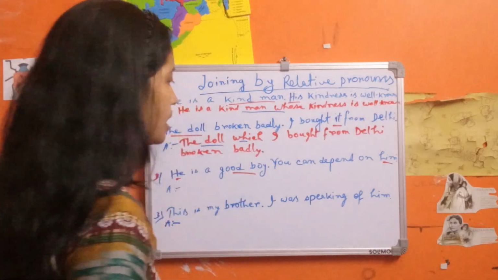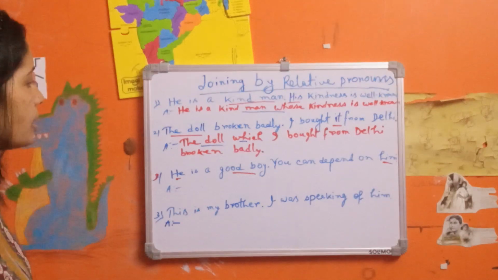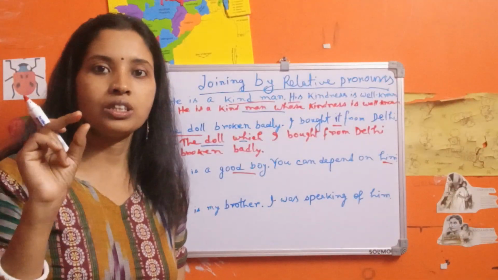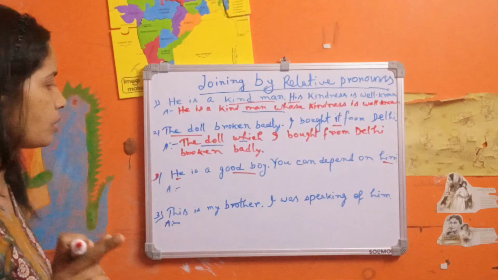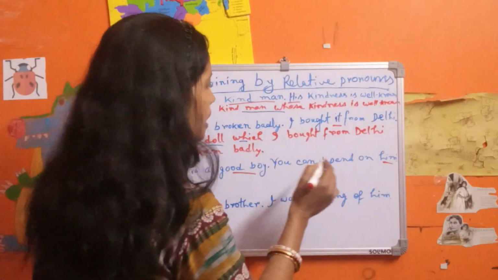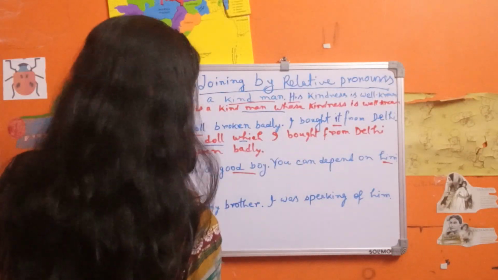He here is a living person, so it would be joined with whom, who, whose, these relative pronouns. He is a good boy whom you can depend on.